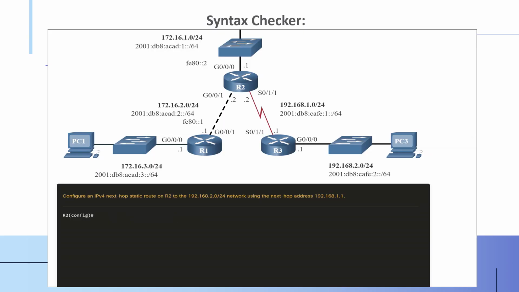Here in this syntax checker, we will configure the static routes for router 2 and router 3 for both IPv4 and IPv6 networks.